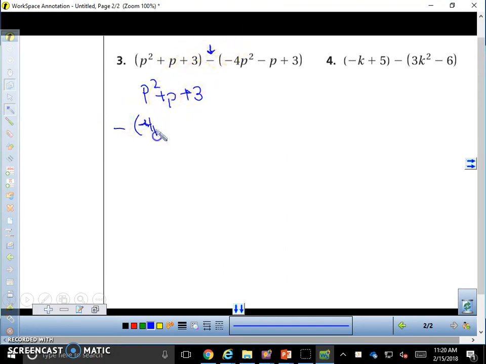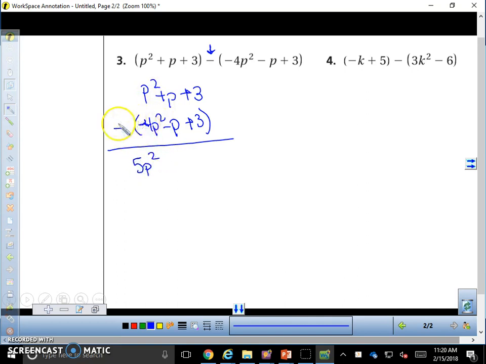Negative 4p squared, like terms, so I stacked them, minus p, like terms, so I stacked them, plus 3, like terms, so I stacked them. Be paying attention, we're taking away. 1p squared minus negative 4p squared turns out to be 5p squared.